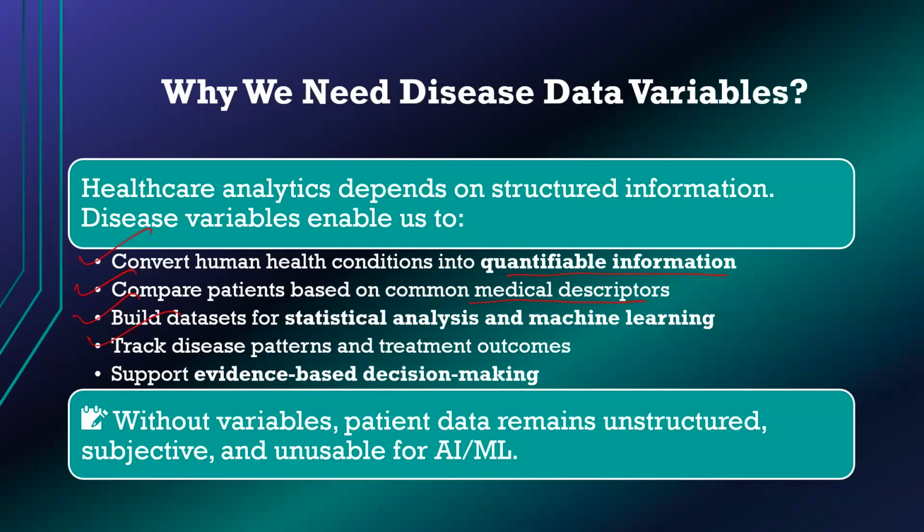And similarly, the support for evidence based decision making we are getting with this structured information only. Without these variables, the patient data stays unstructured, because generally, as I told you, those are some subjective summaries you get. Until and unless we structure them into a relevant format, they cannot be used directly in AI and ML.